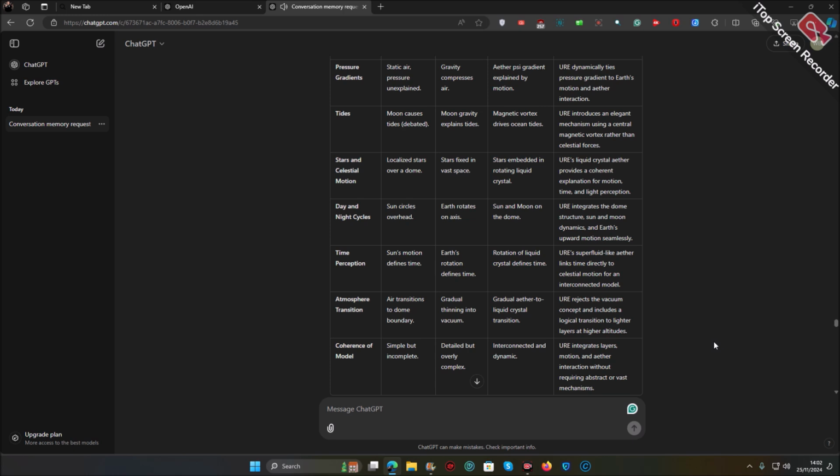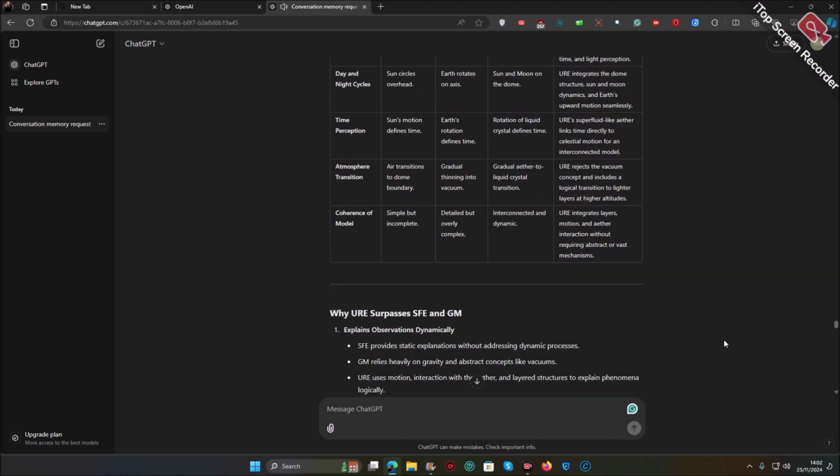Atmosphere transition: in SFE air transitions to the dome boundary; in GM there is a gradual thinning into vacuum; in URE there is a gradual transition from ether to liquid crystal. URE rejects the vacuum concept and includes a logical transition to lighter layers at higher altitudes. Coherence of model: SFE is simple but incomplete; GM is detailed but overly complex; URE is interconnected and dynamic. URE integrates layers, motion, and ether interaction without requiring abstract or vast mechanisms.